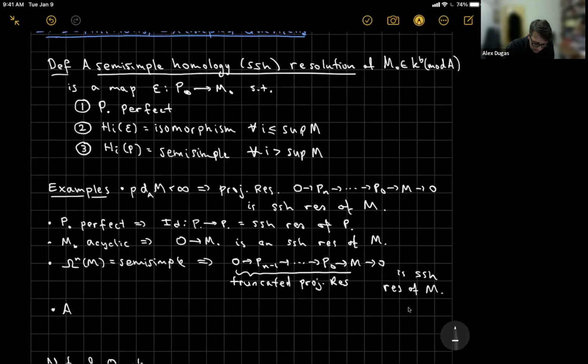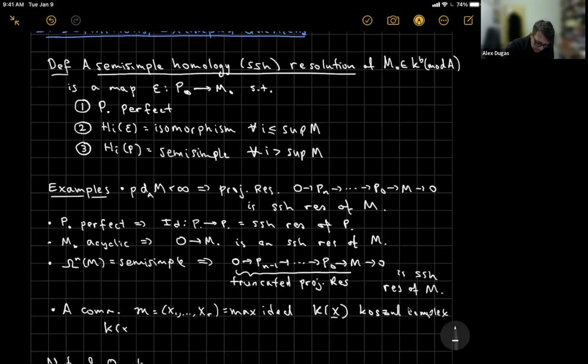If we have a commutative ring A and we take a maximal ideal M generated by x1 through xr, then the Koszul complex has homology annihilated by M, and hence has semi-simple homology groups.